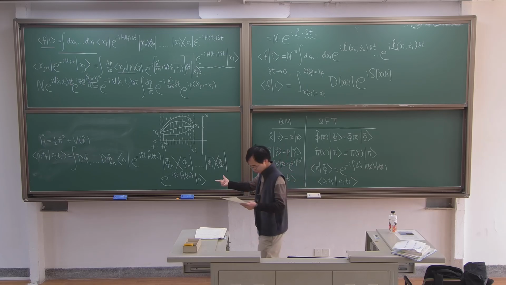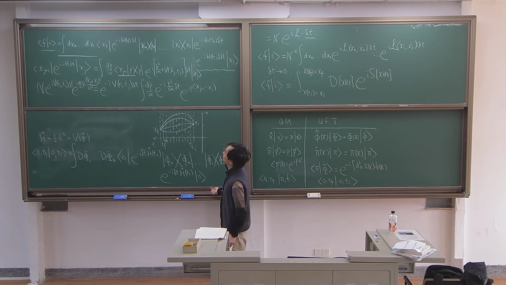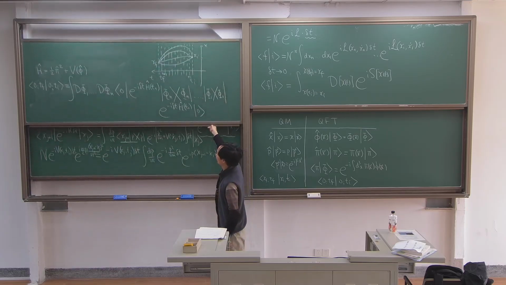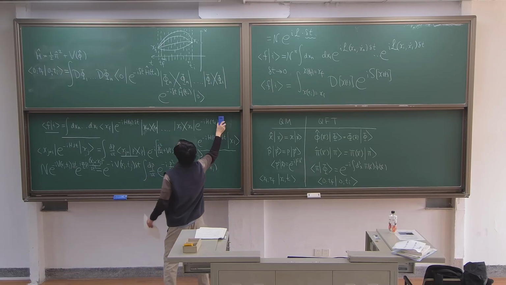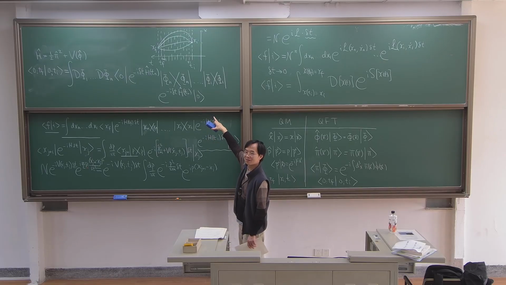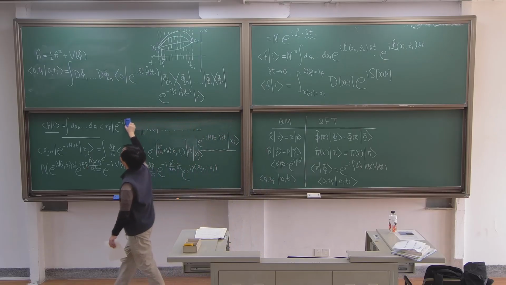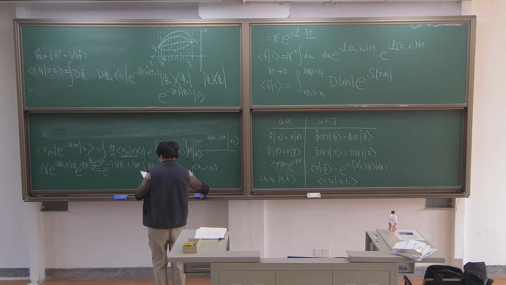So now the job is how to compute this one, right? Again, you use the very similar procedure to this one. You see, this formula is the same as that formula, right? This is in quantum mechanics, that's in field theory. The same thing. Now, how to compute in field theory each block?